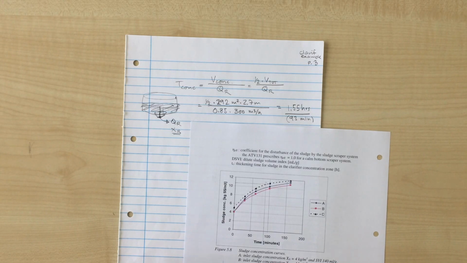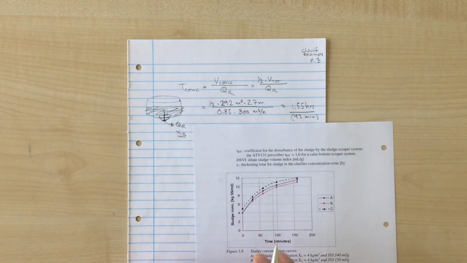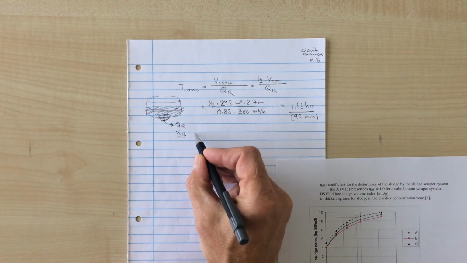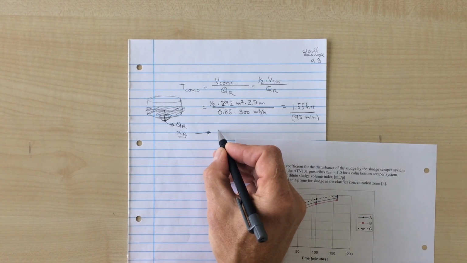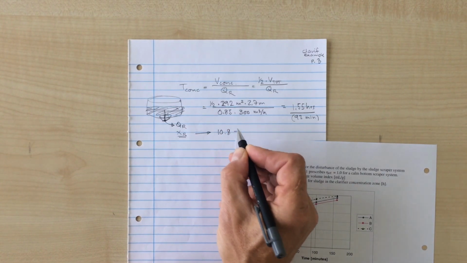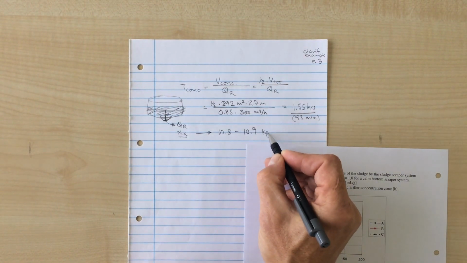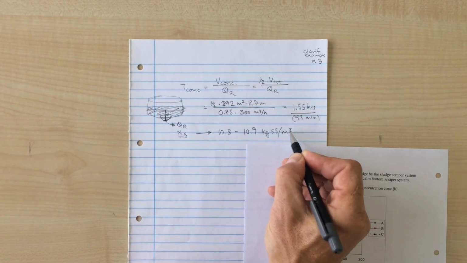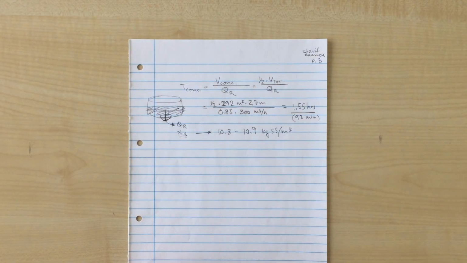Let's say we have approximately a reading here that says I get a sludge concentration of 10.8 to 10.9, something in that order, kilogram suspended solids per cubic meter. So this is a possible sludge concentration.